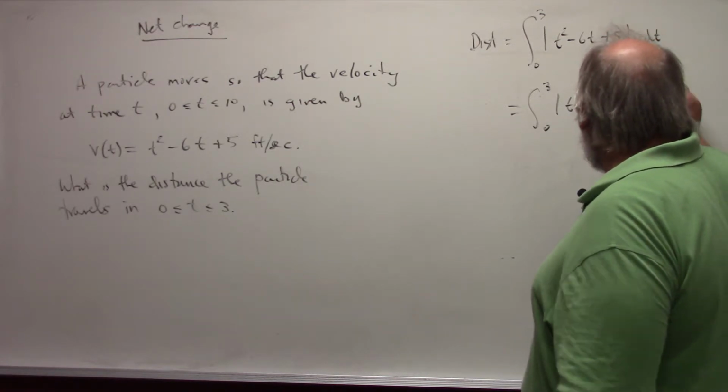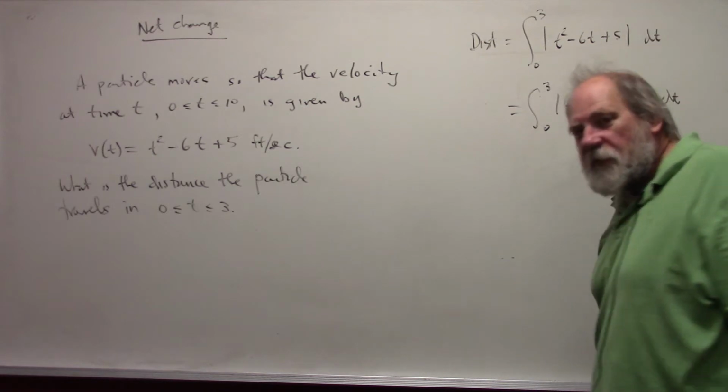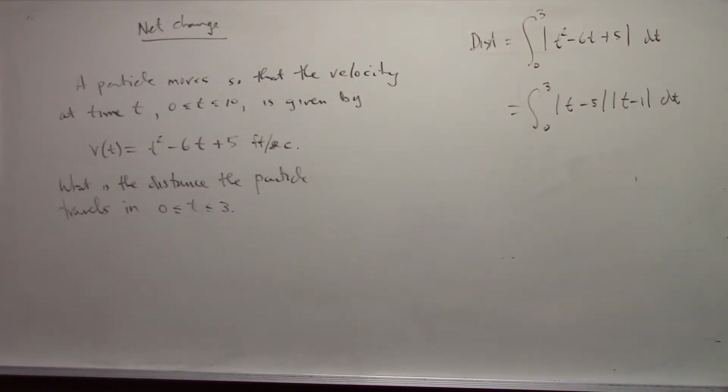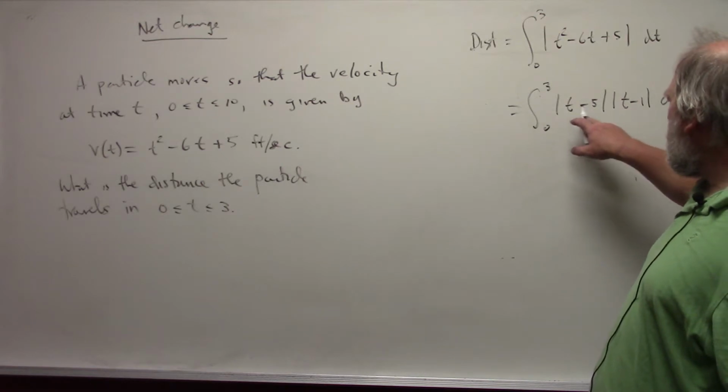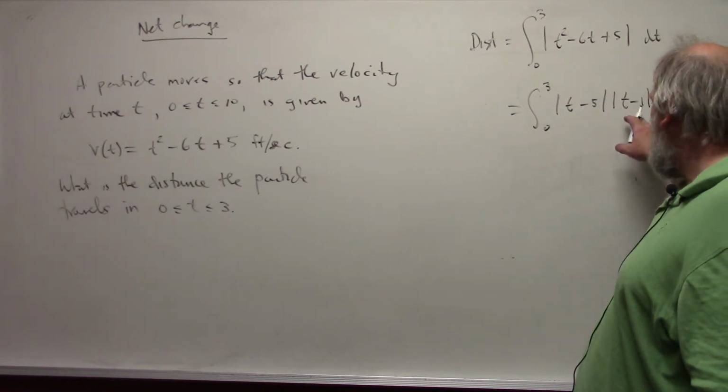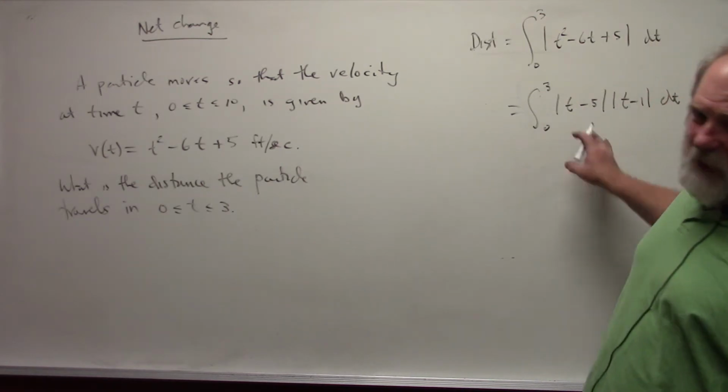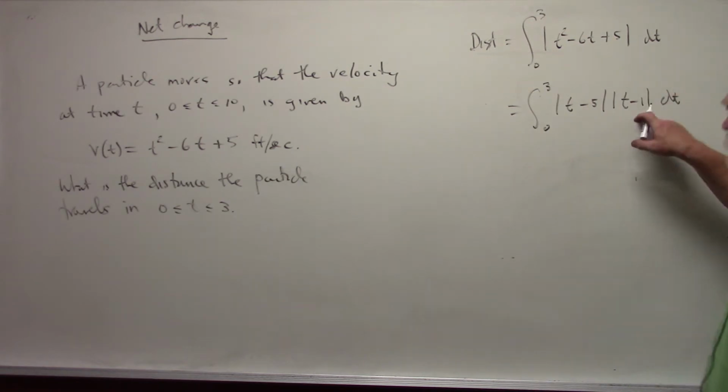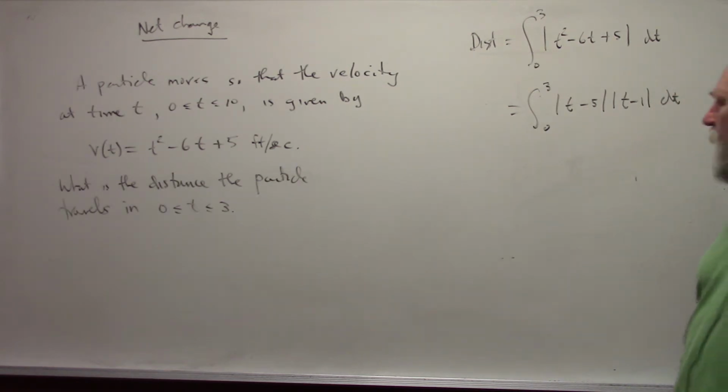This is what I was referring to previously, that it moves forward at first and then backward after that. Notice that the signs of these things change at 1 and 5. Of course, 5 is outside the interval that we care about, so 1 is the one that's important.